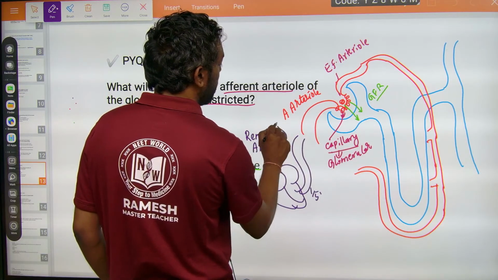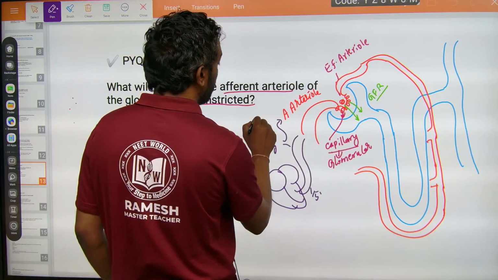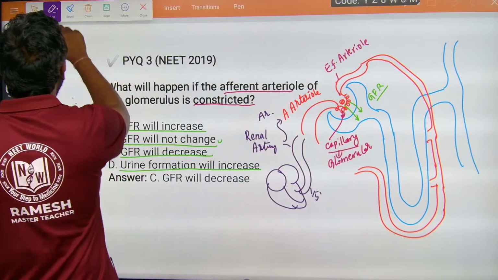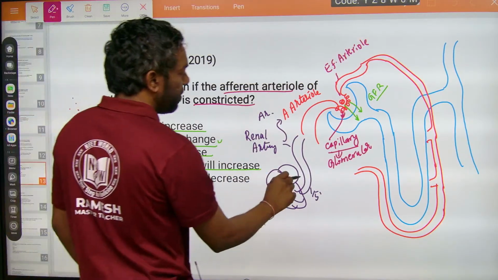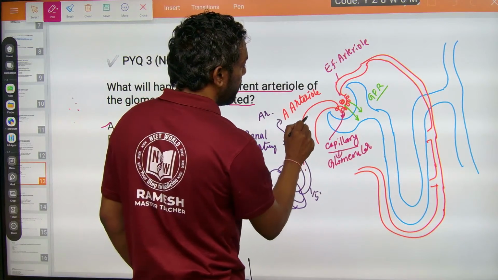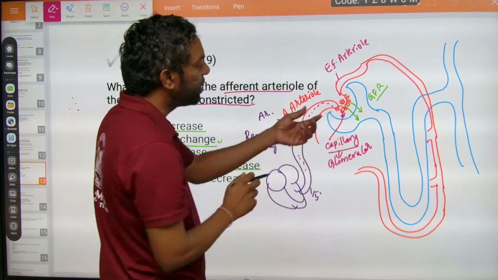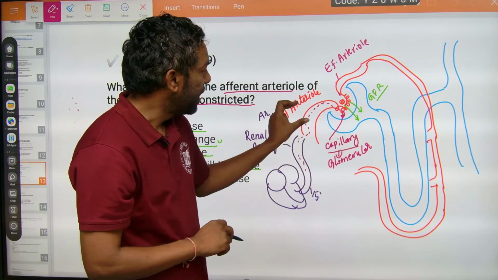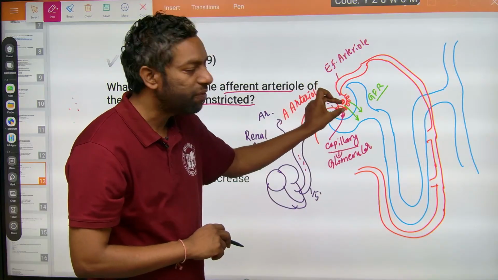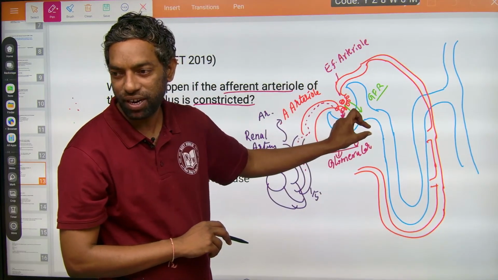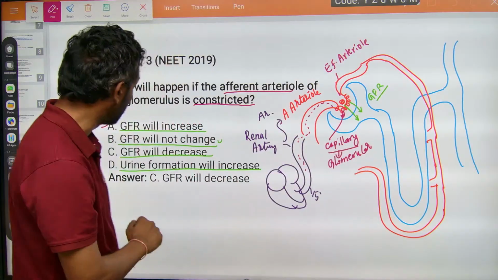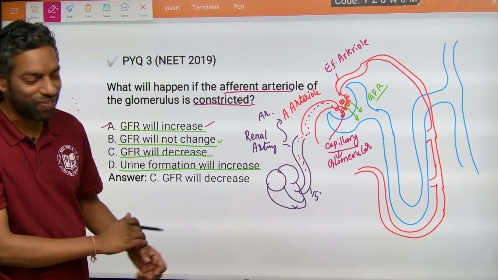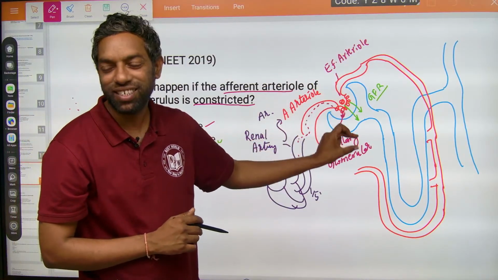The renal artery further divides into the afferent arteriole, and blood flows into this arteriole. Filtration is created there under pressure. If it is constricted, pressure will increase, right? That leads to GFR increasing, right? If it is constricted, pressure is created and GFR increases.